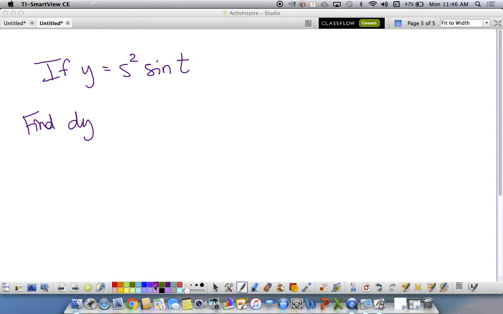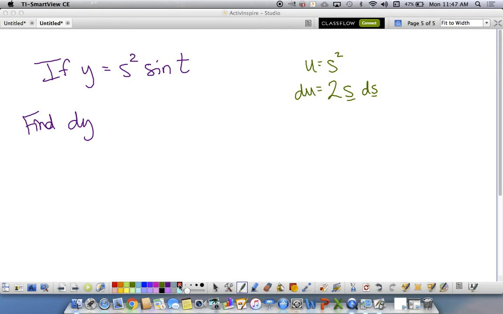Every time, guys, I'm going to the side, I'm writing what is my u, what is my v. Okay? U equals s squared. I'm going to say what is du. I'm going to skip that step this time. If you need to write it, please go ahead and write it. What's the differential of s squared? It's 2s. What's my term here? ds. They must match.